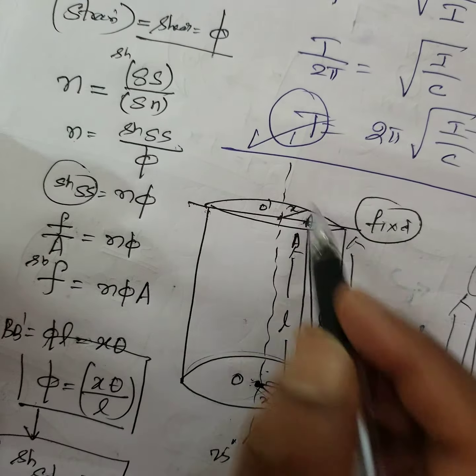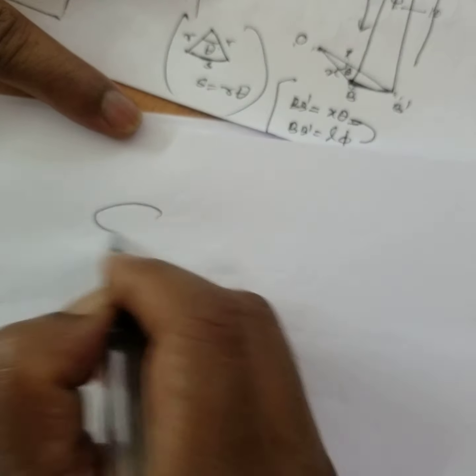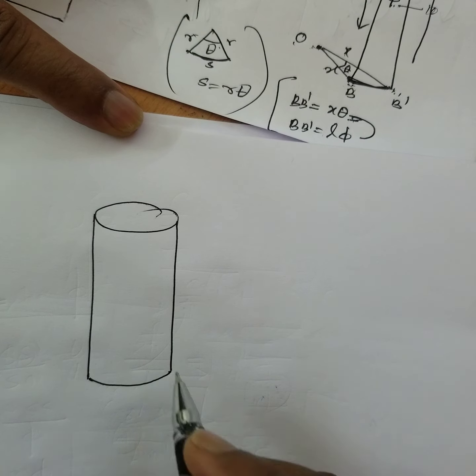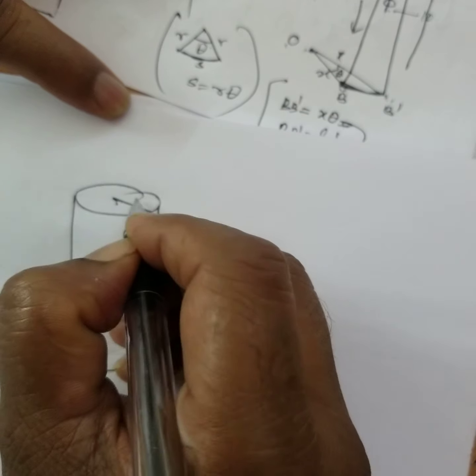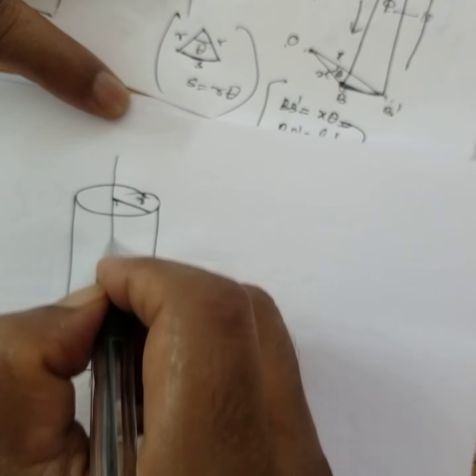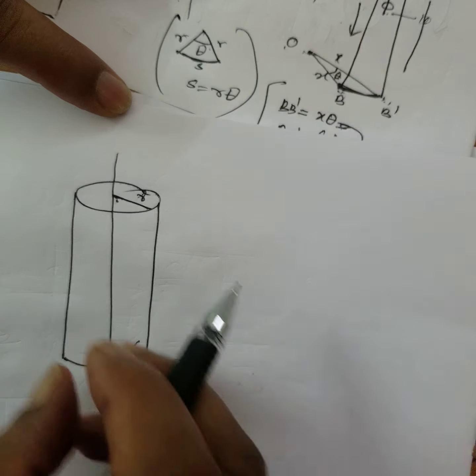Now, as you observe in the notes, I have taken a wire or a rod of radius R. Because when I apply a force here, the force is acting inside the body also.